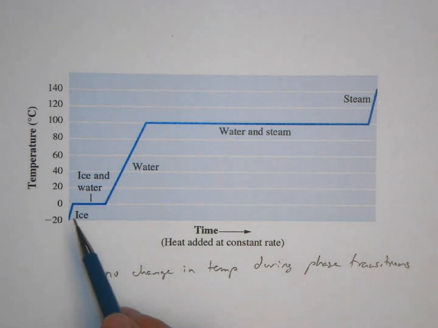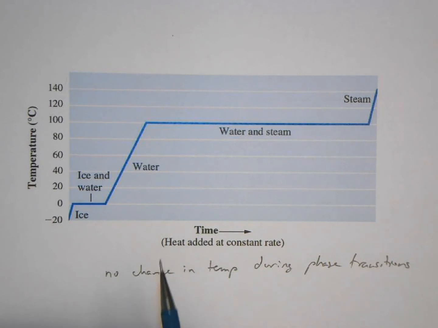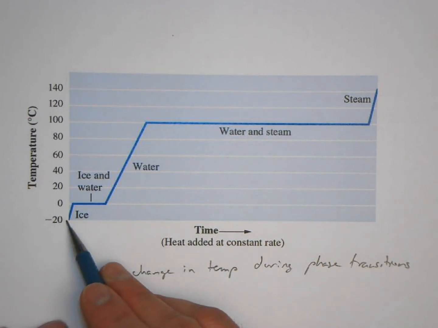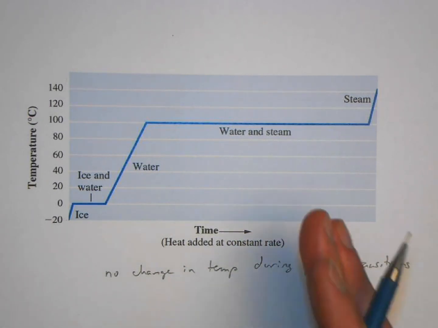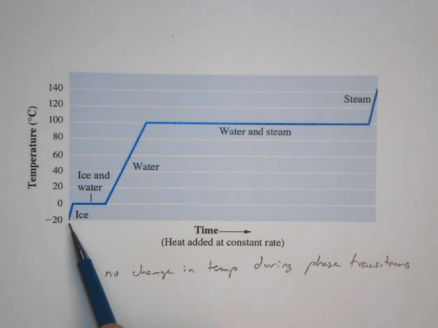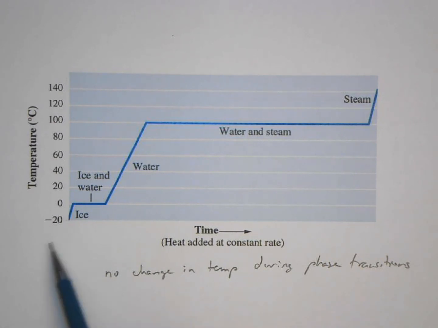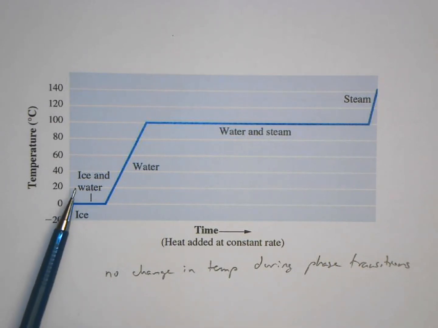Okay, so let's start here at this point on our graph and think about what's happening. Our block of ice, our ice cube, if you will, is at minus 20 degrees Celsius. We start to add energy at a constant rate. And the slope of this line is simply going to be determined by the heat capacity of solid ice, or solid water.